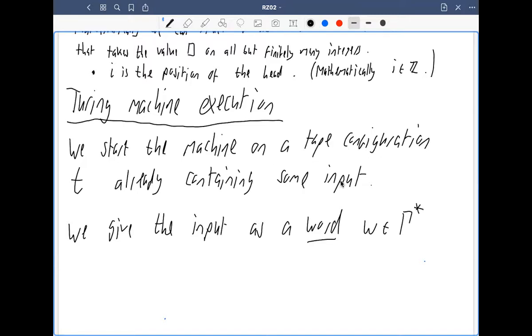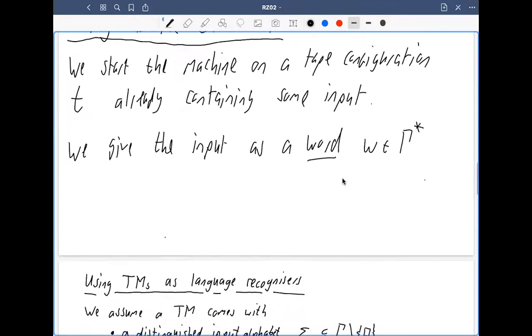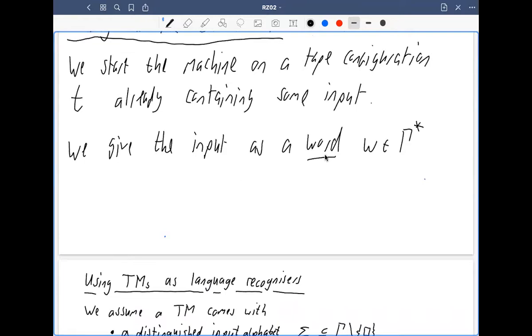So the Turing machine execution is we start the machine on a tape configuration T that already contains some input. And the input is given as a word. By a word, I'm going to use Gamma star to be the set of words over the alphabet Gamma.